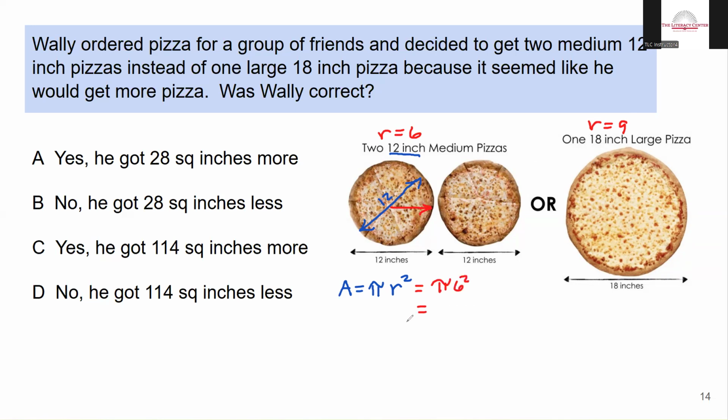And for this kind of problem, we just want to go right to the decimal version. I mean, you can get the 36 pi. There's nothing wrong with that. But then use the toggle button and get the decimal version. And that is 113.1 square inches for each pizza. Each. So now we need to multiply that by 2.